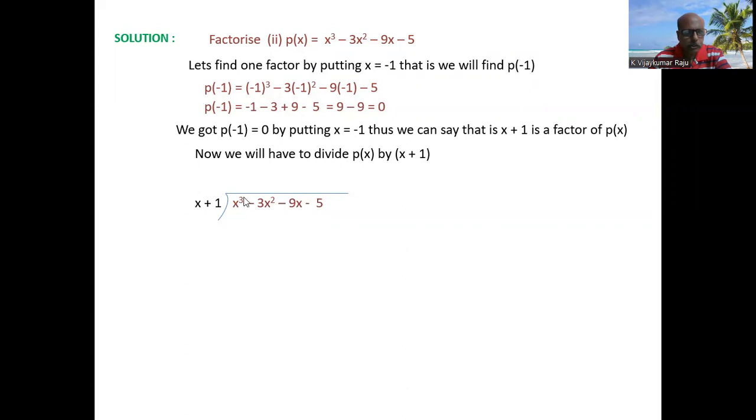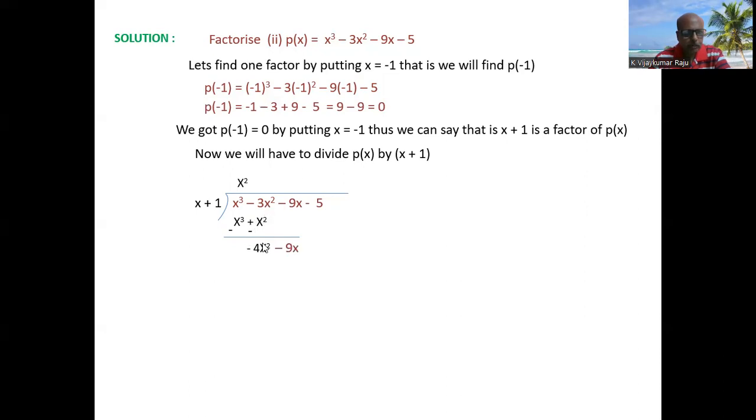Here again x cube I need. I have 1x, take x square. x square into x and x square into 1 will be x to the 3 plus x square. Change the sign. Both are negative. So this is plus, this is minus, this will cancel.